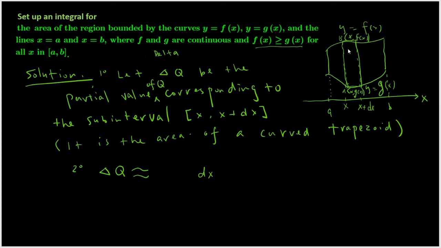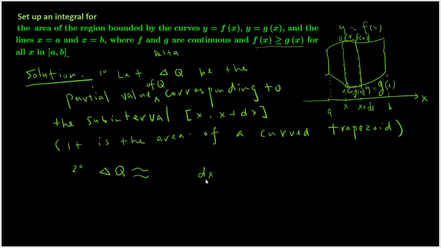Now the height of the rectangle is actually the distance between these two points. The distance between these two points, of course, is f of x minus g of x. I'm going to write it down. Delta Q, the partial value corresponding to the tiny subinterval, is approximated by the area of the rectangle.